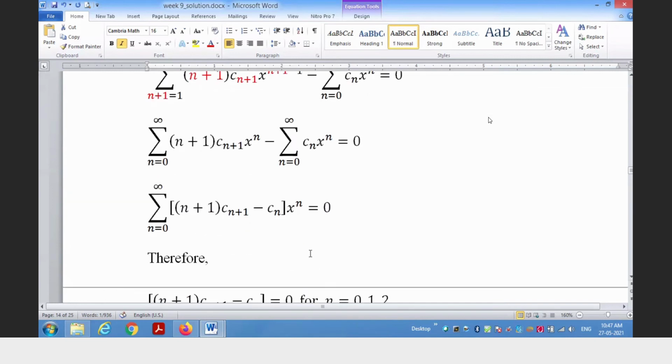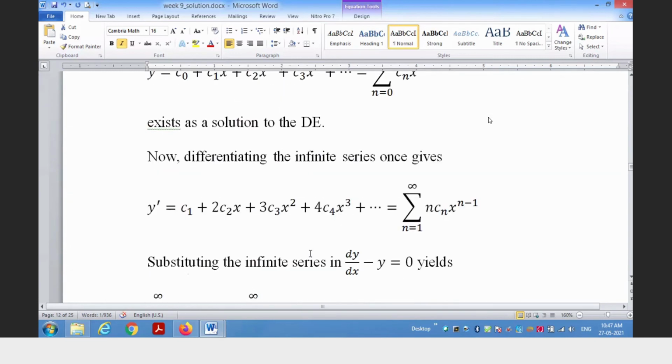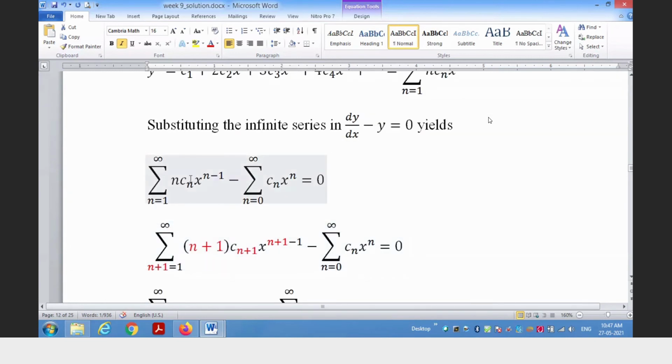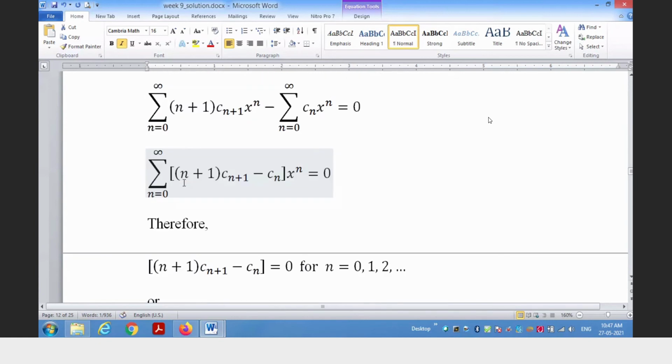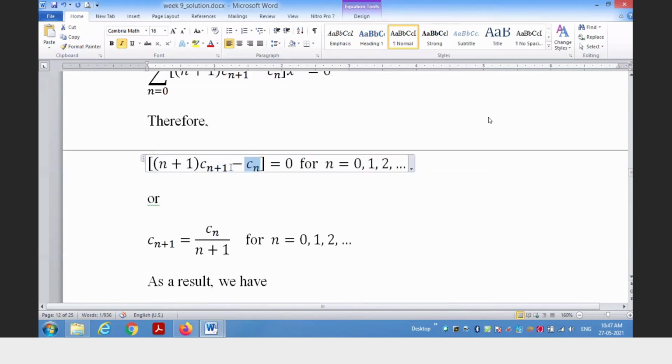So whatever it is, you need to convert that and combine this. And then the coefficient must be equal to 0 for this value of n. This value comes from these summations, from 0, and then you need to establish the relationship between these coefficients.